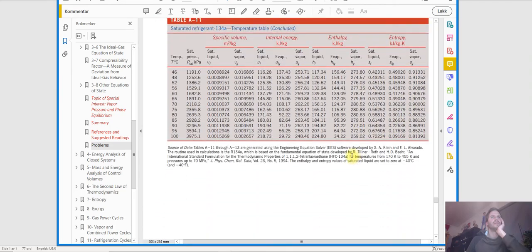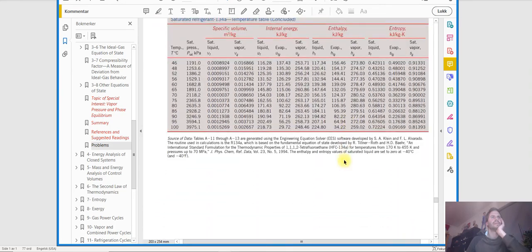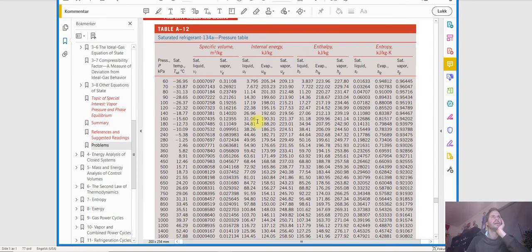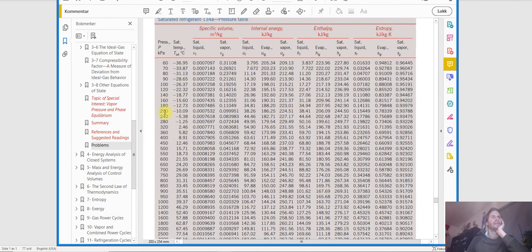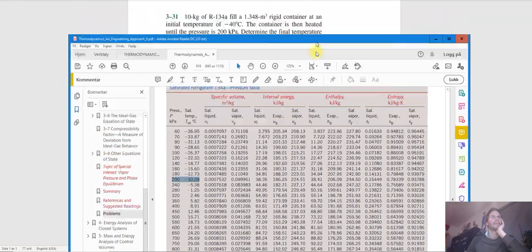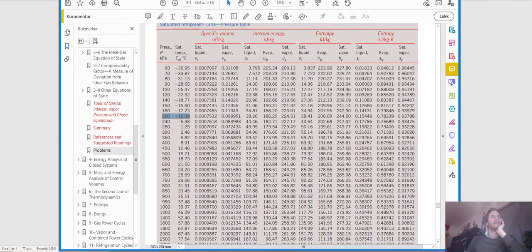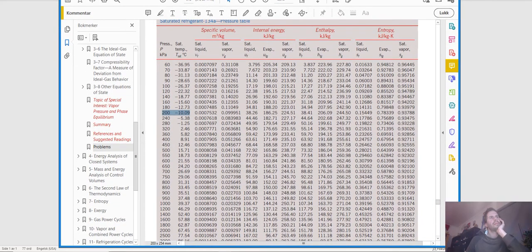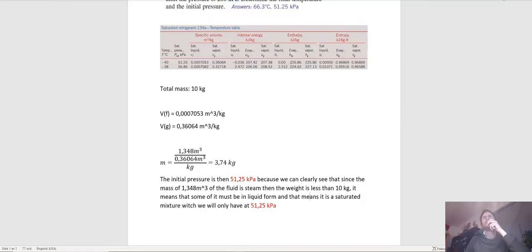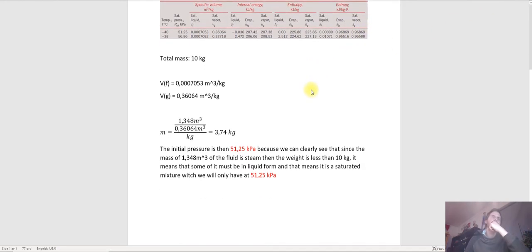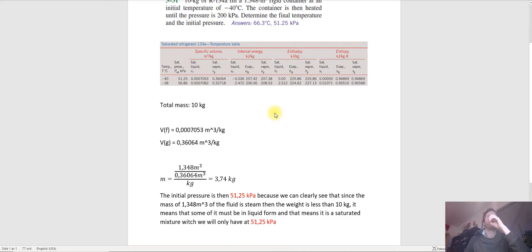Let's see the pressure table. Okay, 200 kilopascal. So we heat it up.